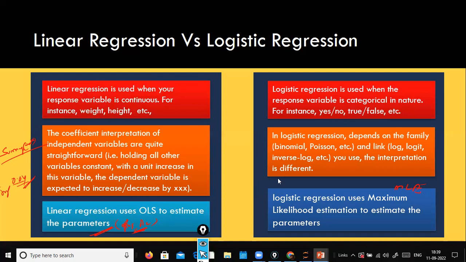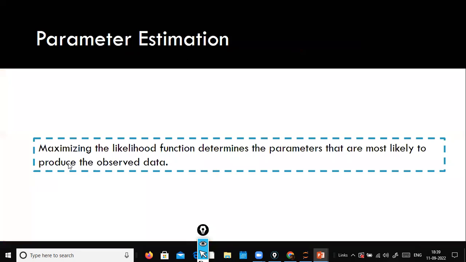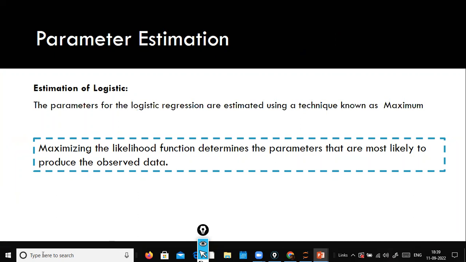When it comes to parameter estimation, to estimate the optimal values for beta naught and beta 1, it uses the maximum likelihood method. The maximum likelihood function determines the parameters, which means the slope and intercept, that are most likely to produce the observed data.